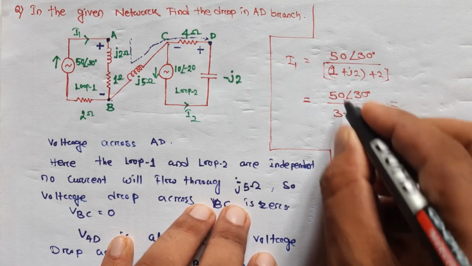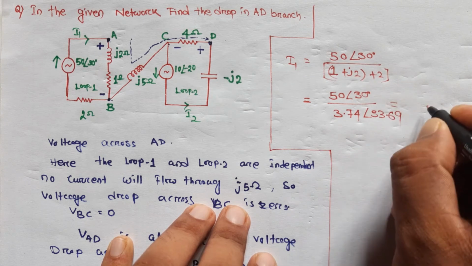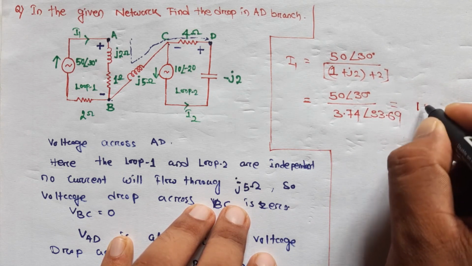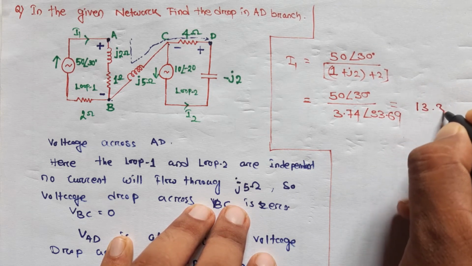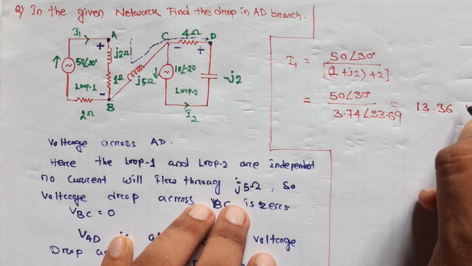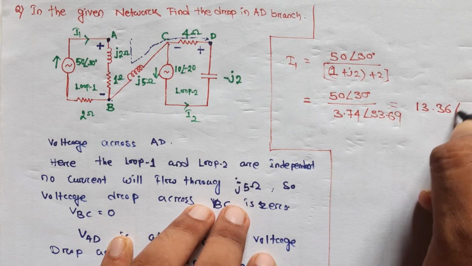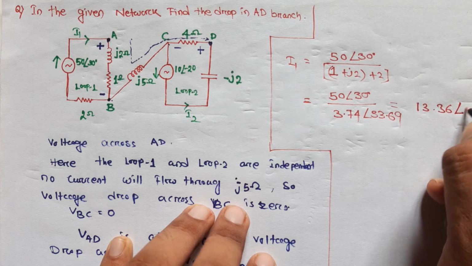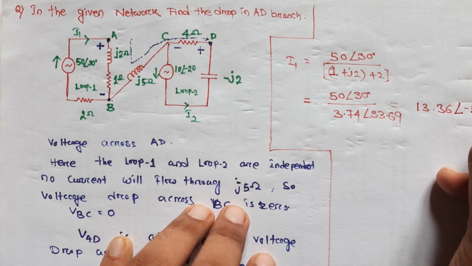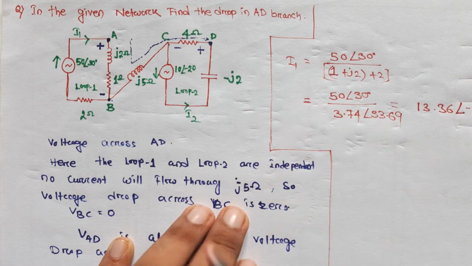Then we find the resultant: this is divided and this is subtracted. We already know how to multiply and divide complex numbers. So 13.36 angle minus 3.69 ampere, this is the I1 value.